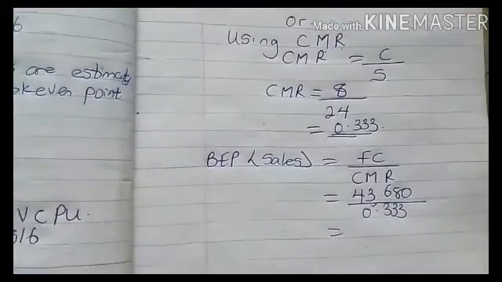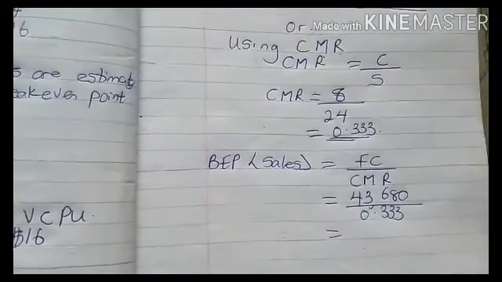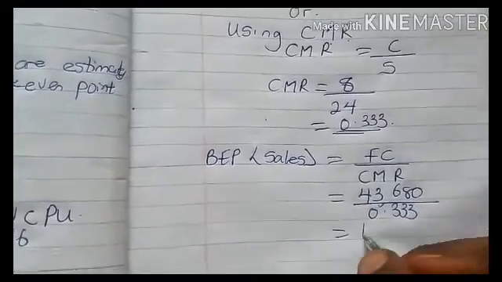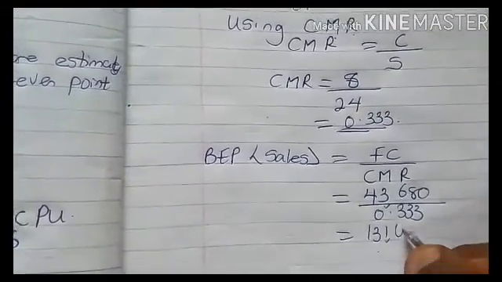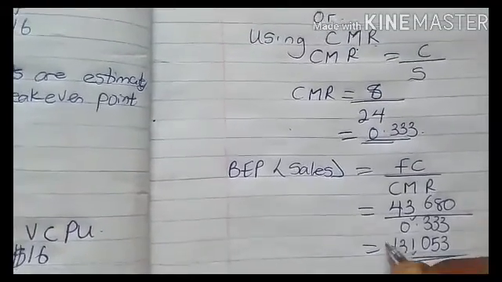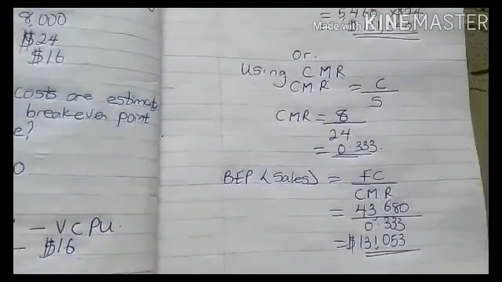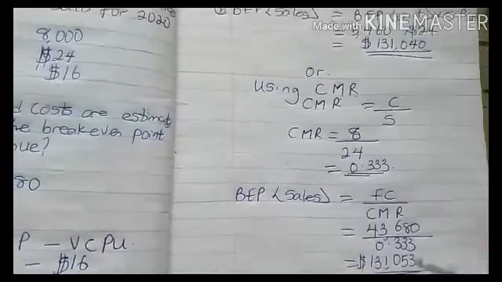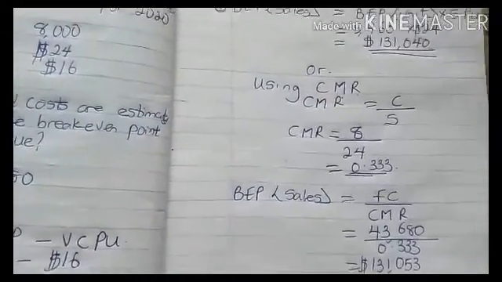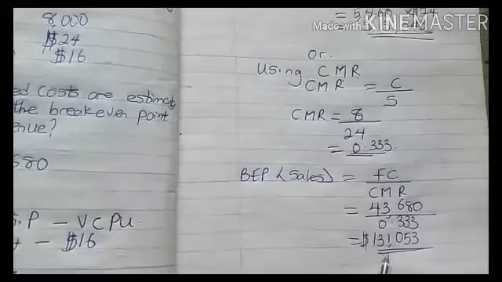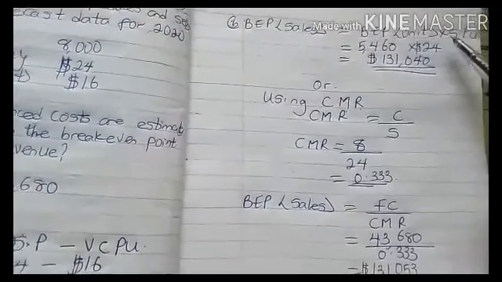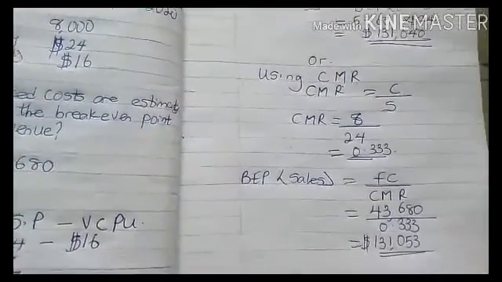Using your calculator, this gives 131,503 approximately in dollars. As you can see, the value is close to the earlier one, but due to approximation, this value was increased. But the simplest way is to use BEP in units times selling price per unit. You get it? Thank you.